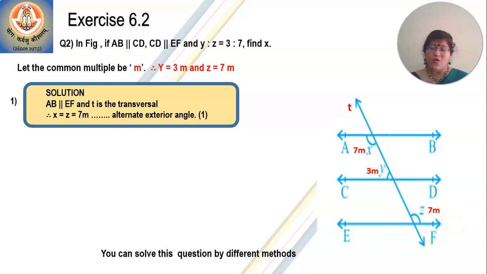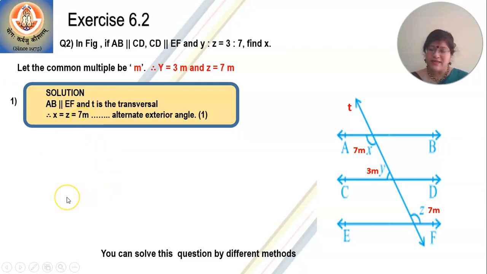And they are alternate angles because they are Z-shaped angles, and all alternate angles are congruent. So they are alternate exterior angles. Since AB is parallel to EF and T is the transversal, we get X equal to Z. So each will be 7M.